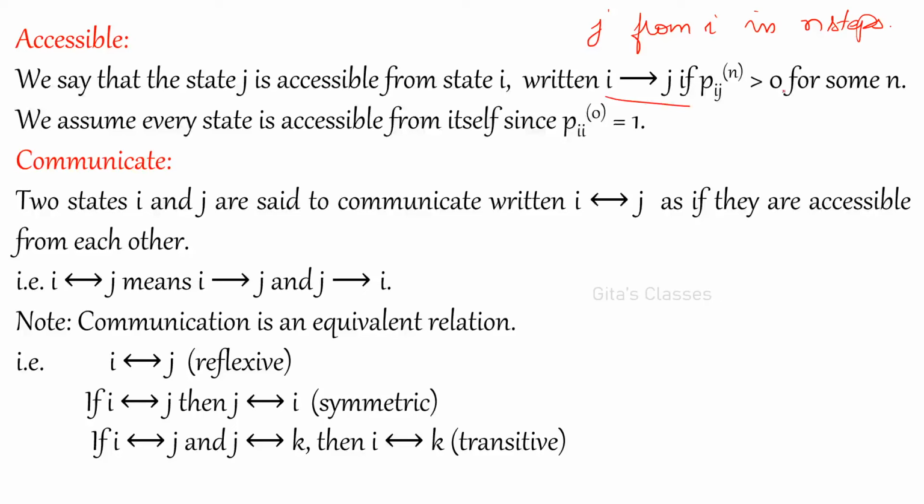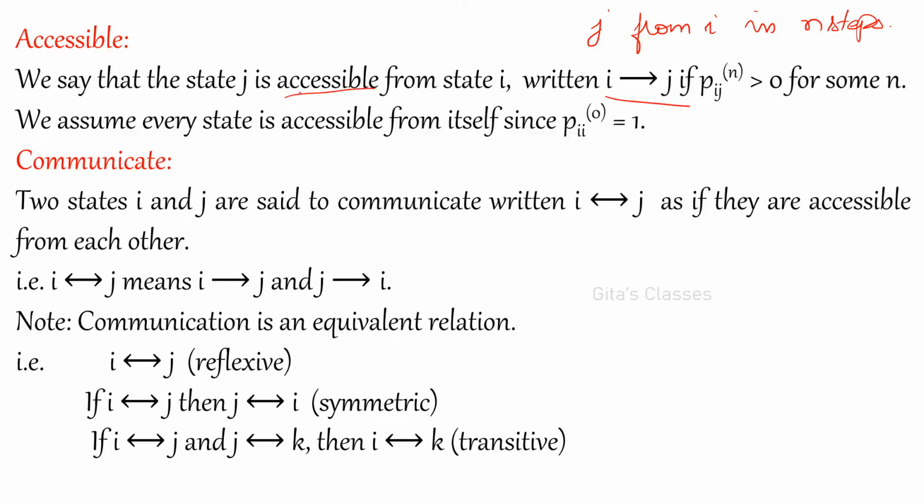Already we have seen the one-step probability, two-step probability and so on. So if there is a probability of reaching j from i in n steps for some n, then j is said to be accessible from i.